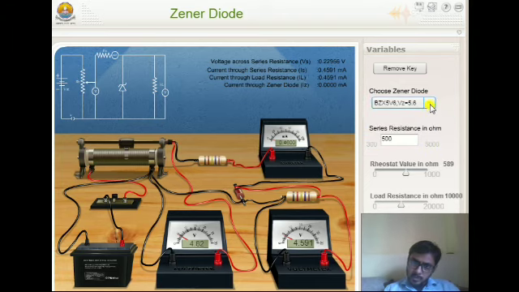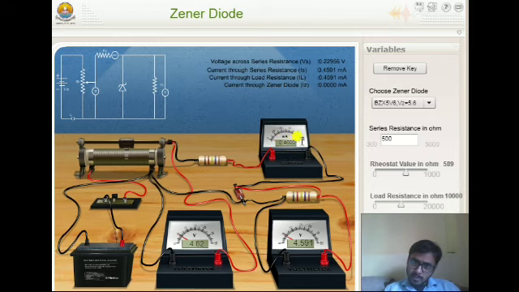I will start this experiment with the minimum Zener breakdown voltage, that is 5.6 volts. You should notice that with the 5.6 Zener diode, if you increase the input voltage beyond 5.6 to 6, 7, 8, 9, 10, the output voltage remains constant.